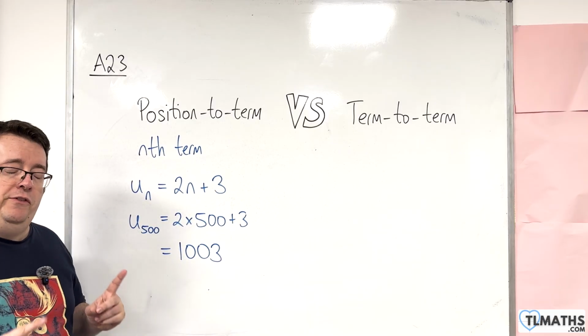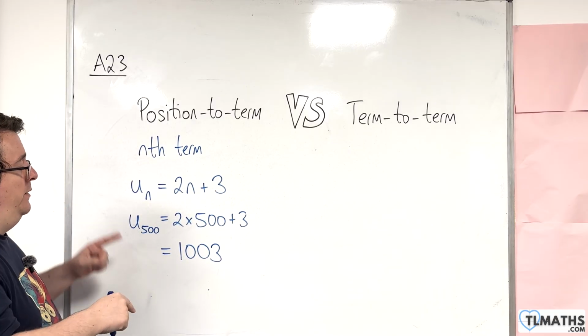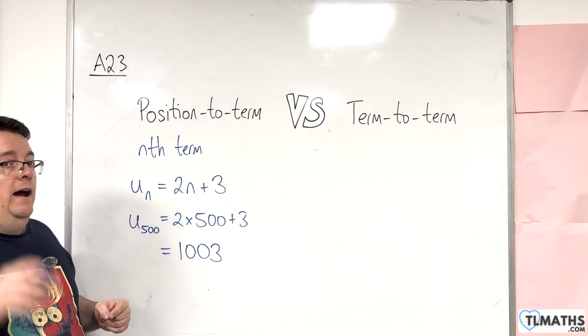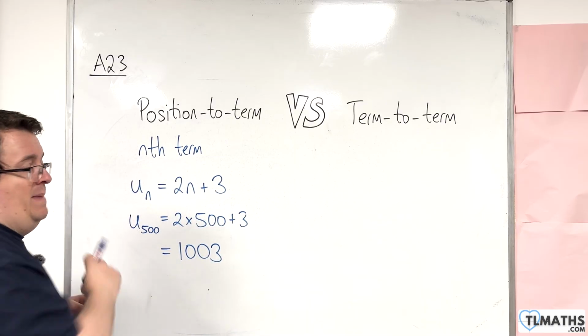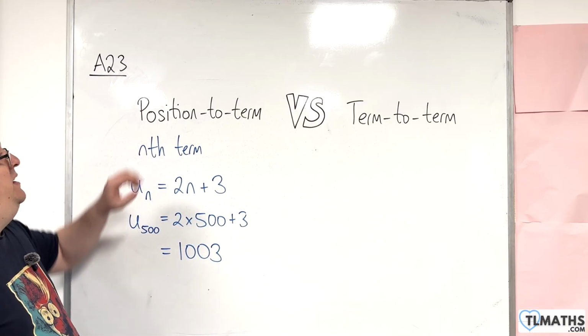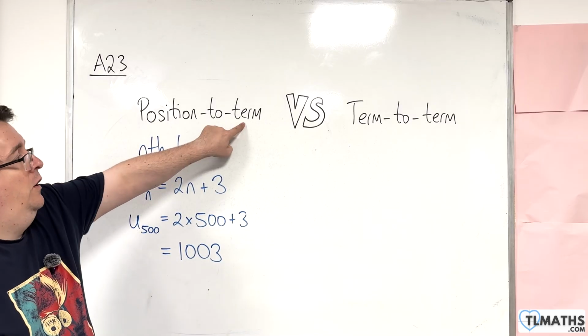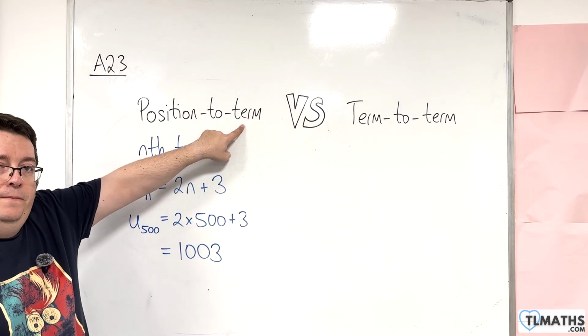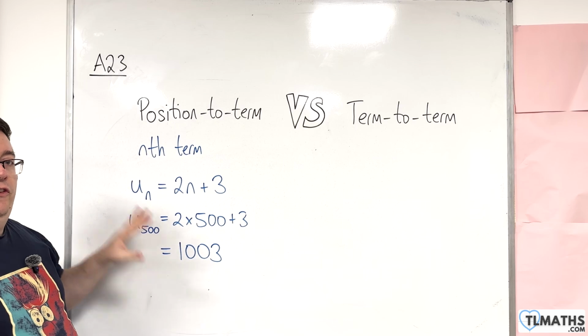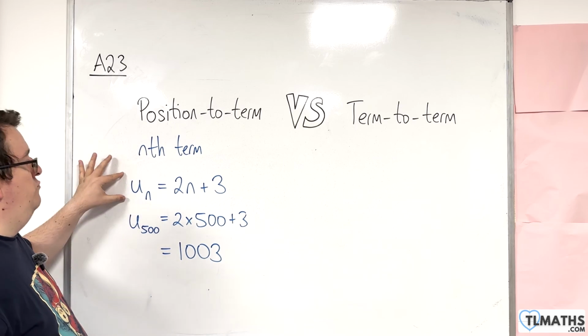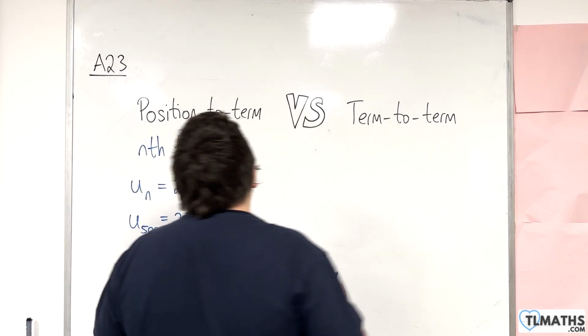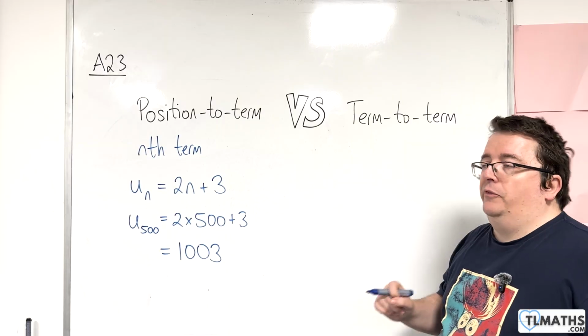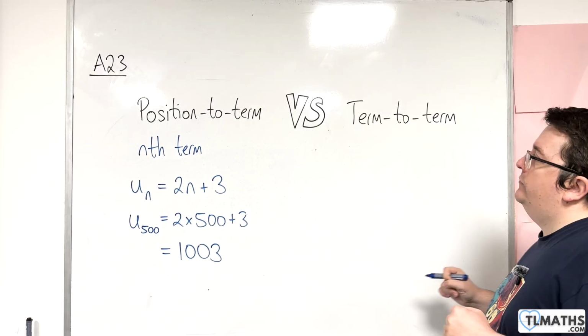So the 500th term in the sequence would be 1003, and I could work that out immediately. So you tell me the position, I'll tell you what the term is. Okay, so this is a position to term rule. This rule tells you how to get to any of the terms in the sequence.